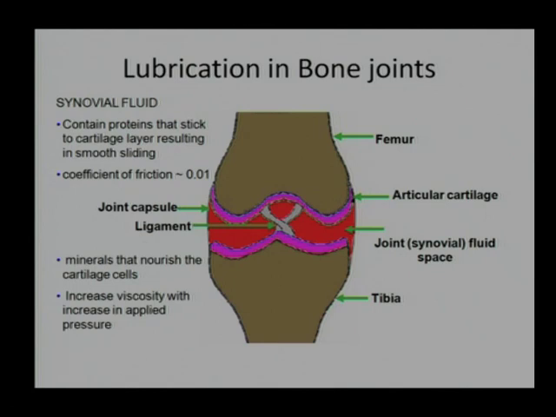When we talk about low friction, we are talking about the order of a 0.01 coefficient of friction, which is very low. In addition, the cartilage cells should not get damaged. That is why the synovial fluid needs to have minerals, so that it can nourish the cartilage cells.